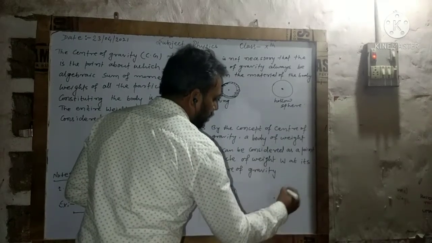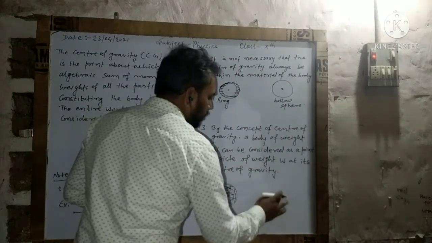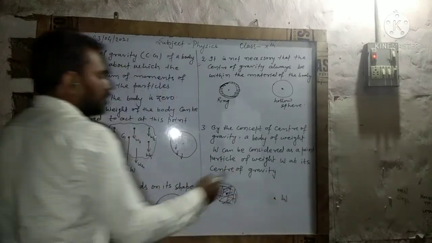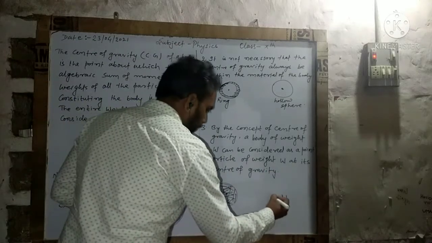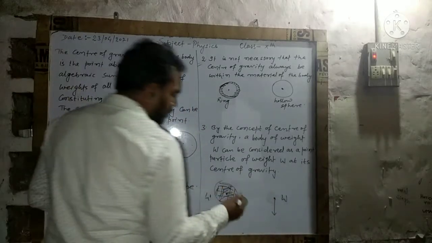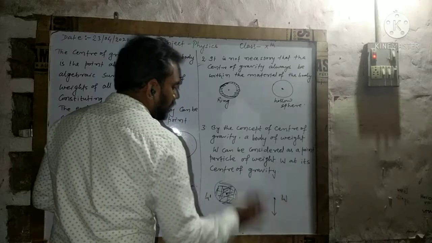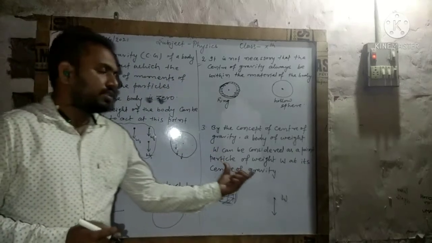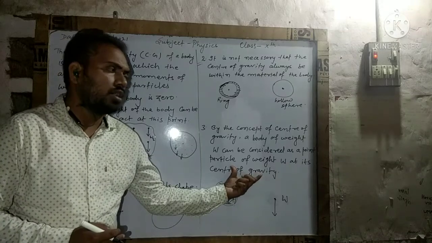By replacing the body, we consider a single point of that body, and that will experience a weight of W. We can take it as a point object.